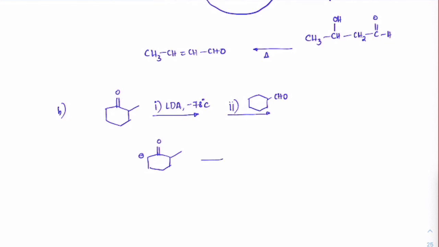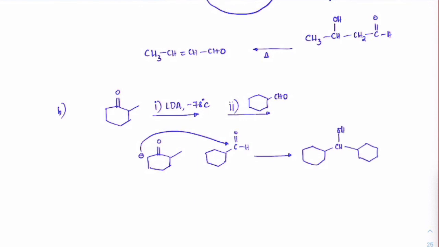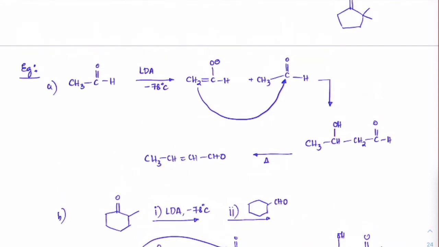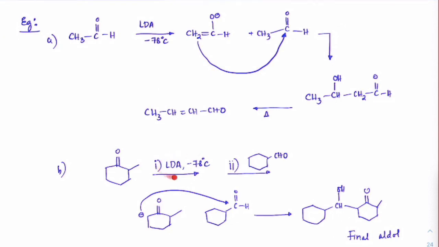Then it reacts with C double bond OH and this minus will attack on this carbon. So thereby we will have CHOH with this group getting connected here with double bond O, and this will be the final product, the final aldol. These are called directed aldols, which means instead of directly giving an aldol, we start by using a base here and then create an enolate that will attack whatever aldehyde or ketone we take.